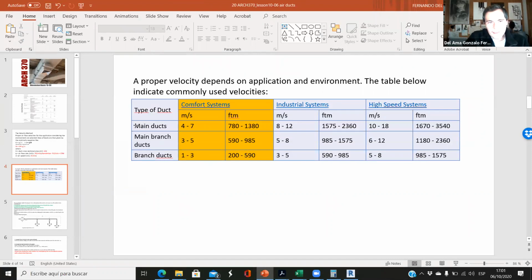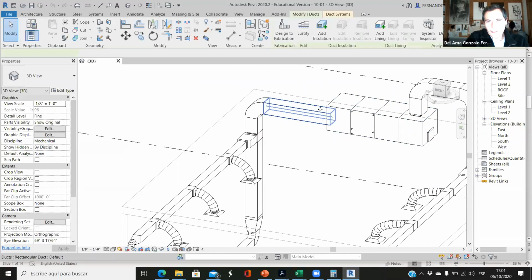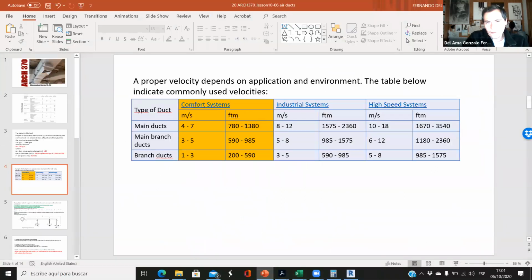And what is this main duct? The main duct is a duct that comes out of the air handling unit. Nobody's living here because this is on the roof of the building. So in this duct, I think we can afford this velocity around 1000.